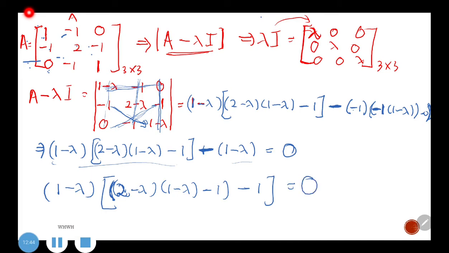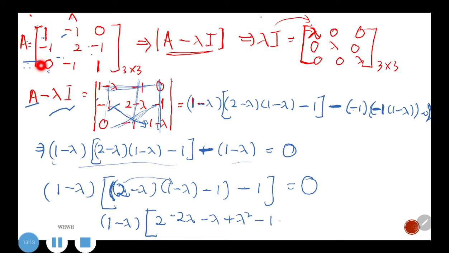Alright, so from here you can try to solve. Actually we already found one of the factors, but it's okay, we leave it for now. 1 minus lambda we just leave outside. We settle whatever we have inside here. So expand the inside: you have 2 minus 2 lambda minus lambda plus lambda square, right? Minus minus 1, and then we minus another 1 here, minus 1, equals to 0.